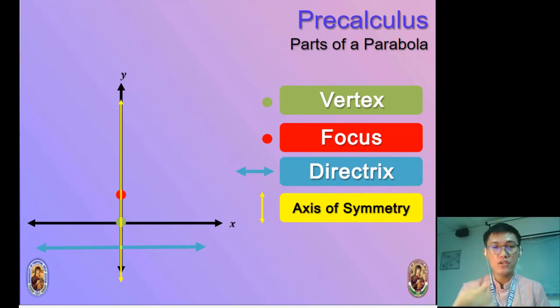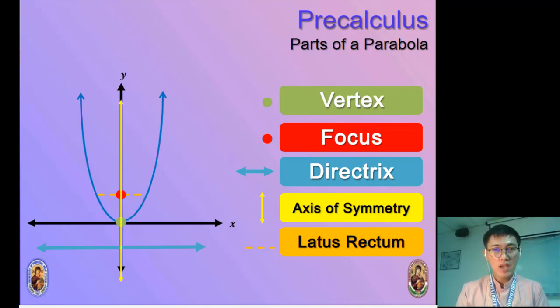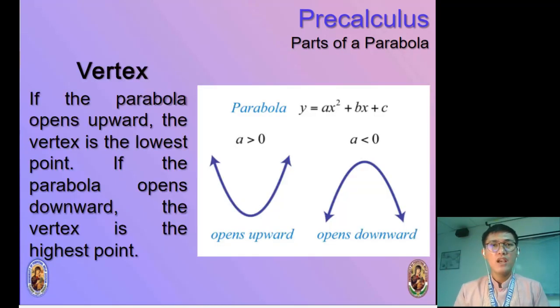It can be a vertical or horizontal axis of symmetry. Then the latus rectum, and of course our parabola. So these are the parts of our parabola: the vertex, the focus, the directrix, the axis of symmetry, and the latus rectum.